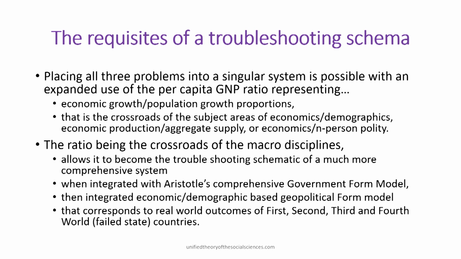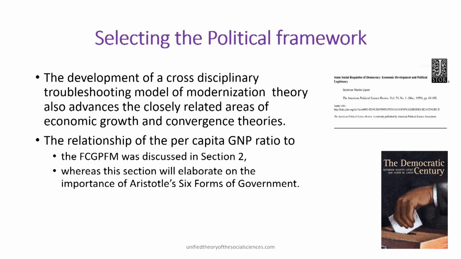The ratio is the crossroads of the macro disciplines, which allows it to become the troubleshooting schematic of a much more comprehensive system, which then integrated Aristotle's comprehensive government form model with the economic demographic-based geopolitical form model that corresponds to the real-world outcomes of first, second, third, and fourth world failed states.